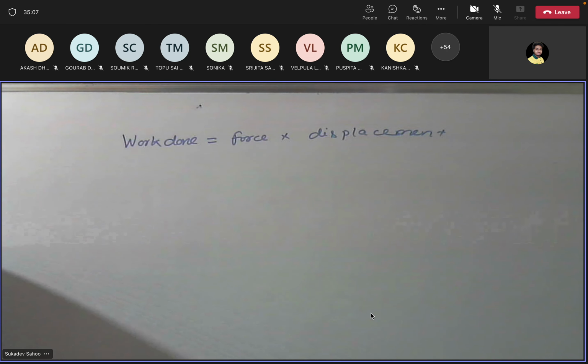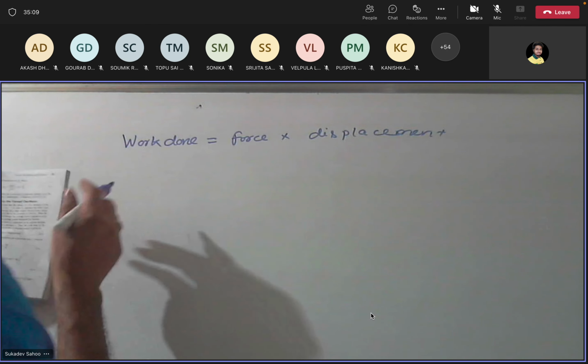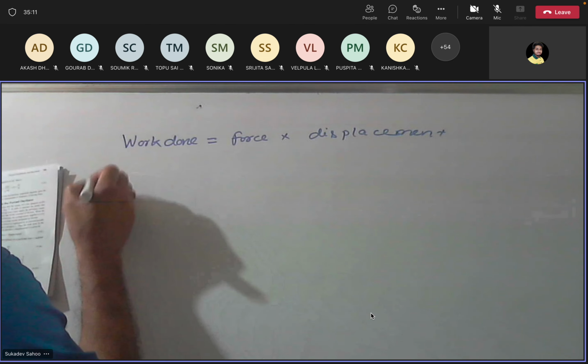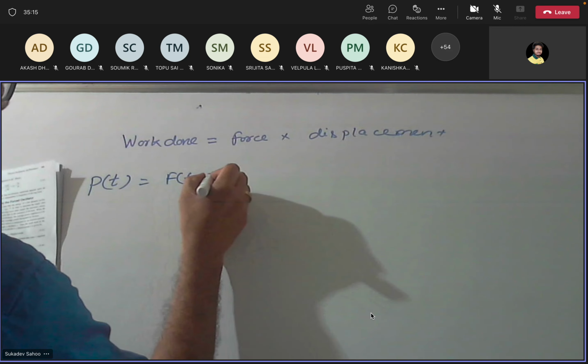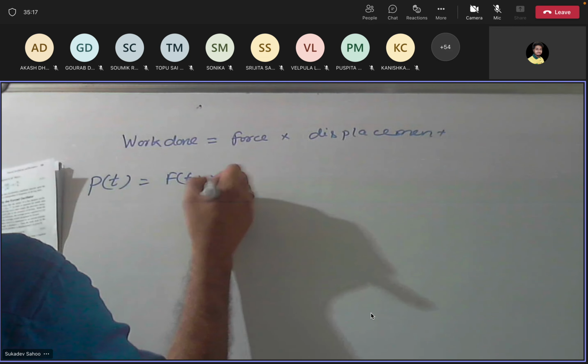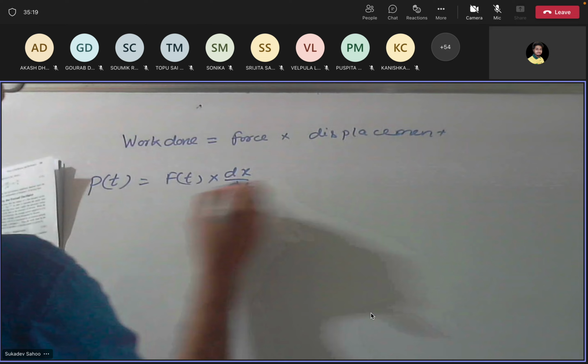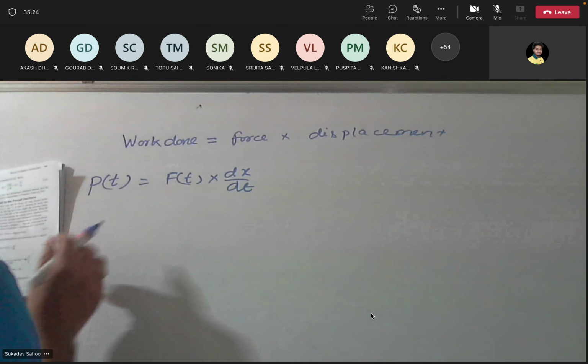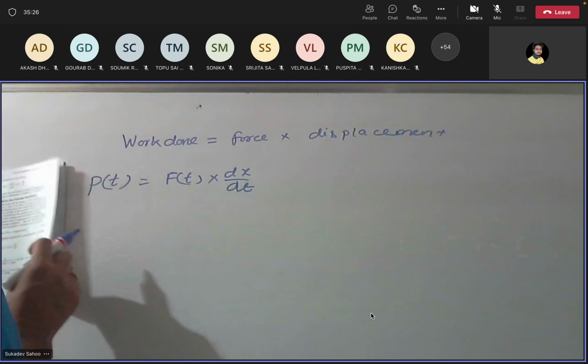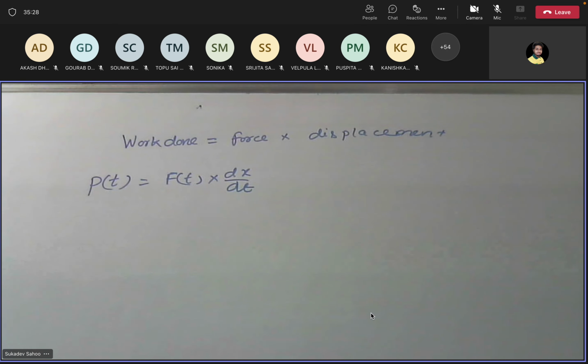we can write the rate of doing work as the instantaneous power. So power equals force into velocity, dx by dt. Now we substitute the value of F, that is F0 sine omega 1t, and dx by dt, which we have already calculated.